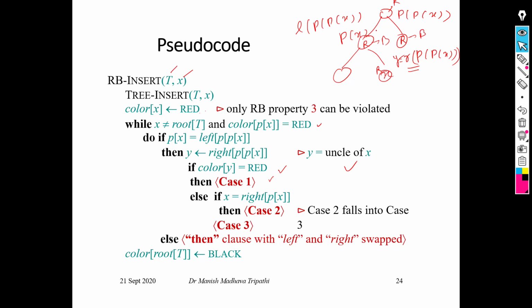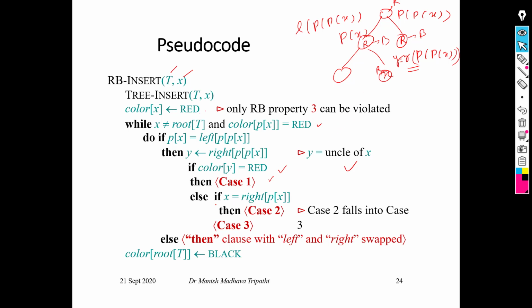In this way the black height will not change, because in every branch we make some black nodes red and some red nodes black. So the black height will remain unchanged, and case 1 will solve the problem like this.